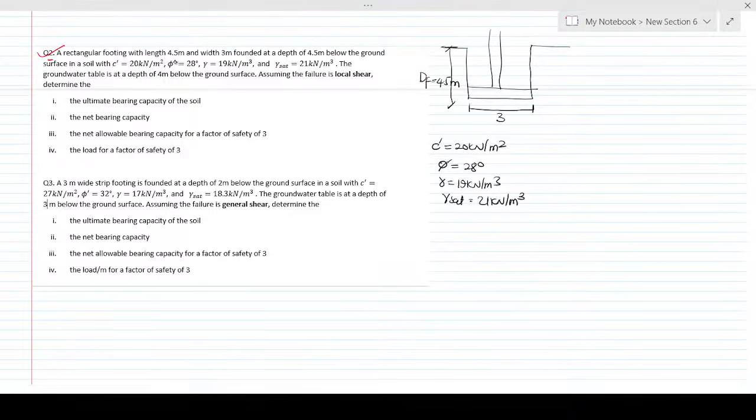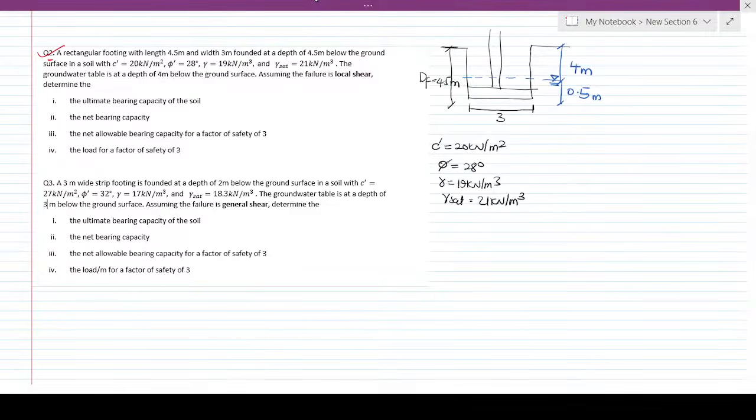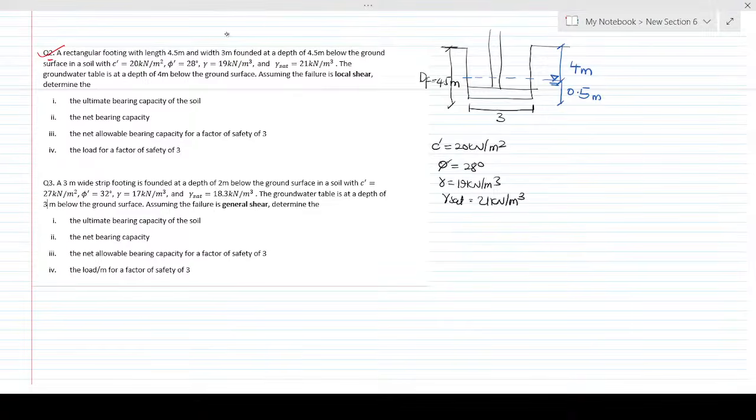Now the depth of the foundation is 4.5, so 4 meters will be above the foundation. So from the water table to the bottom of the foundation will be 0.5 meters, right?